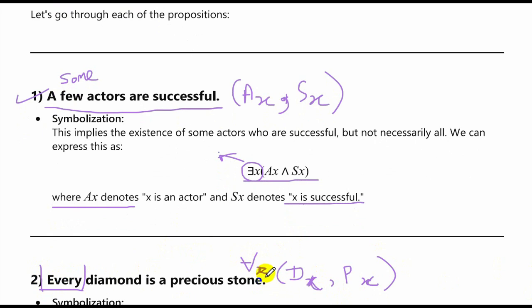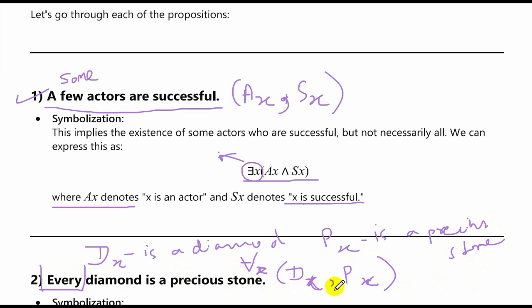So for all x, if x is a diamond, so you have to write dx, x is a diamond, px, x is a precious stone. We know every means universal.